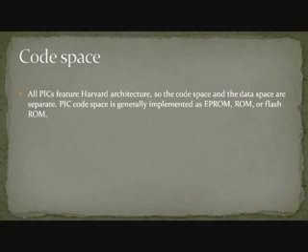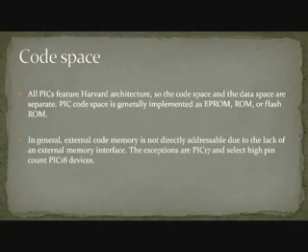All PICs feature Harvard architecture, so the code space and the data space are separate. PIC code space is generally implemented as EPROM, ROM or flash ROM. In general, external code memory is not directly addressable due to the lack of an external memory interface.